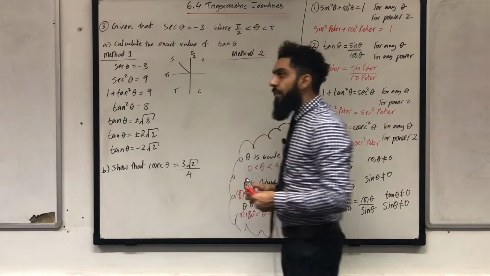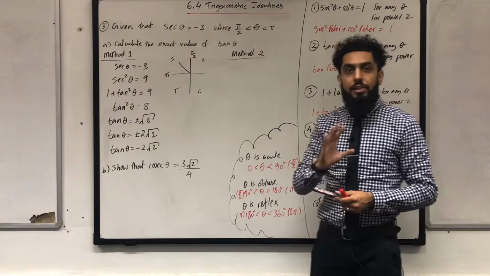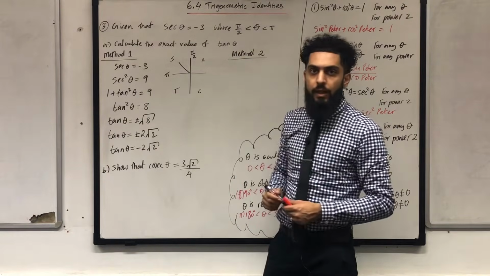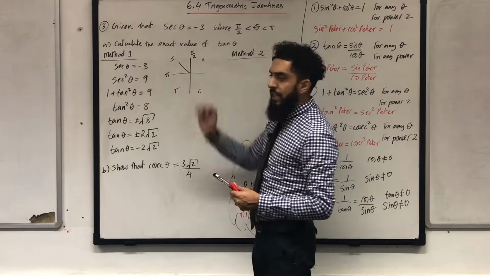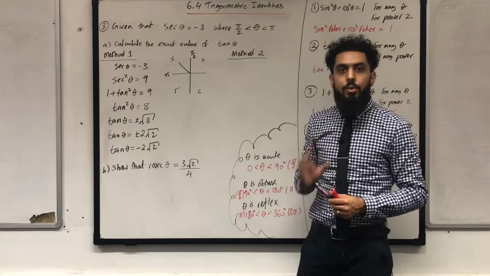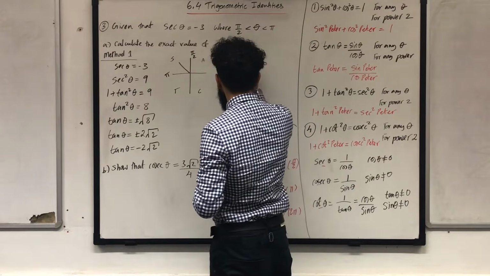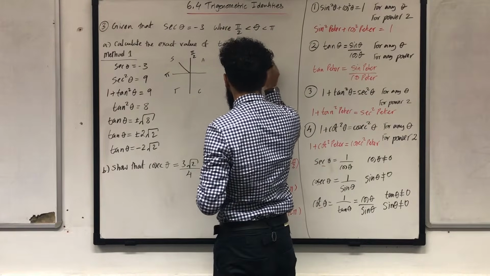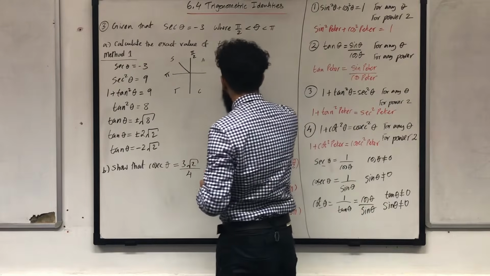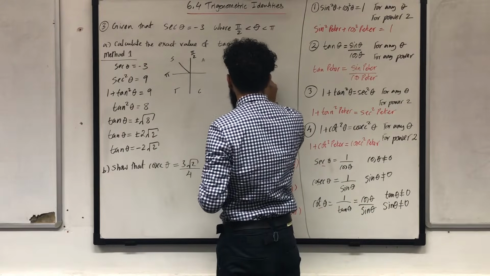For method 2, I am going to be drawing a triangle using the fact that sec theta is equal to minus 3. First of all, sec theta is 1 over cos theta. So we have that 1 over cos theta is equal to minus 3. If I take the reciprocal of both sides, I get cos theta is equal to minus 1 over 3.